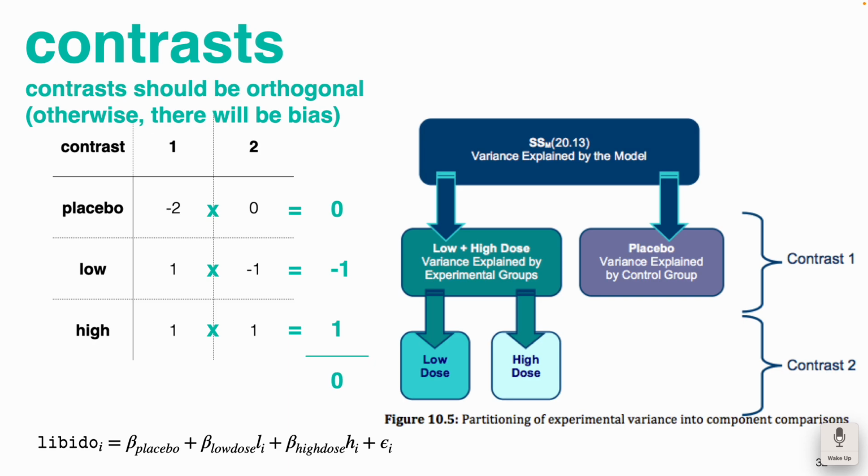If it's not orthogonal, does it mean it's not independent? I don't know. Orthogonal in this case, it's not like two variables are independent or not. It's a different orthogonal. The levels and factors that we consider, it's not related to that.